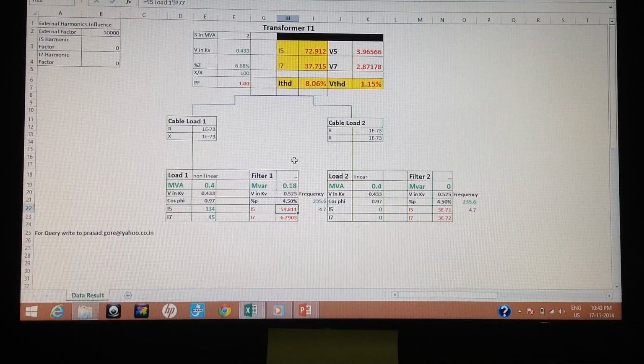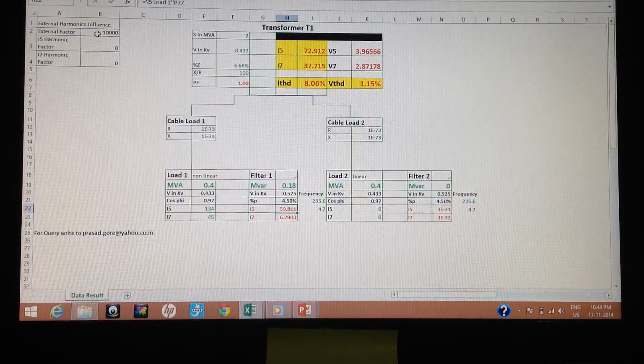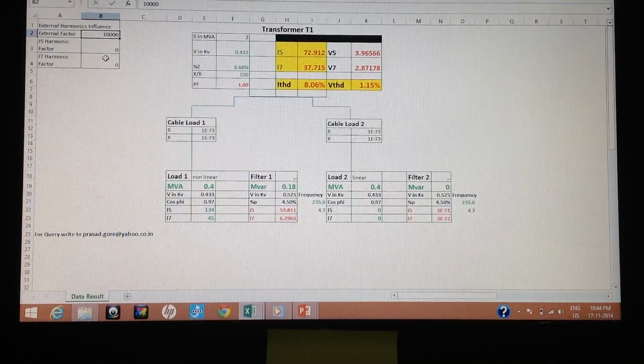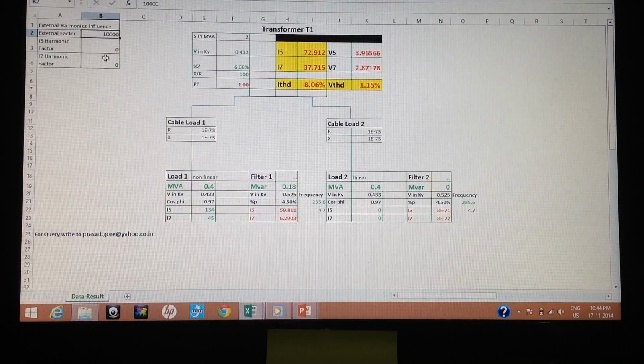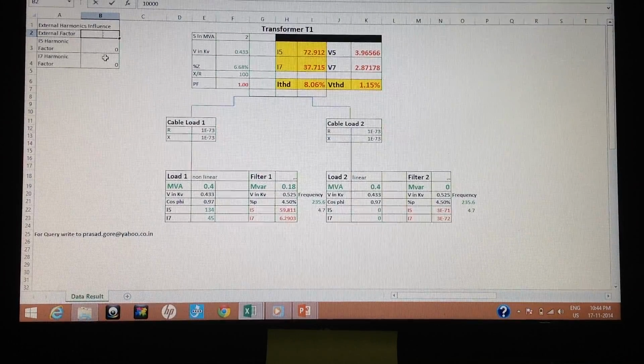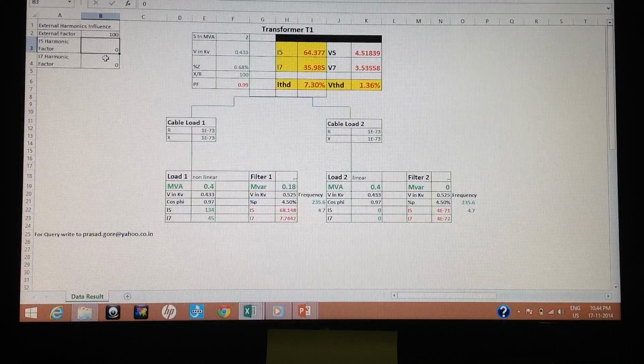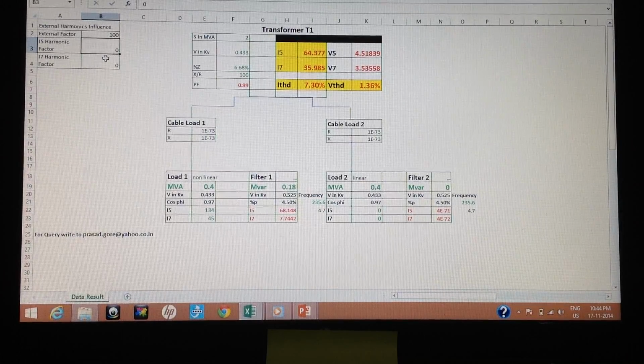Now we'll see what happens when external harmonic influence affects the entire system. Now let's say with this same scenario, this goes down from 10,000 to 100. Oh, what is this?